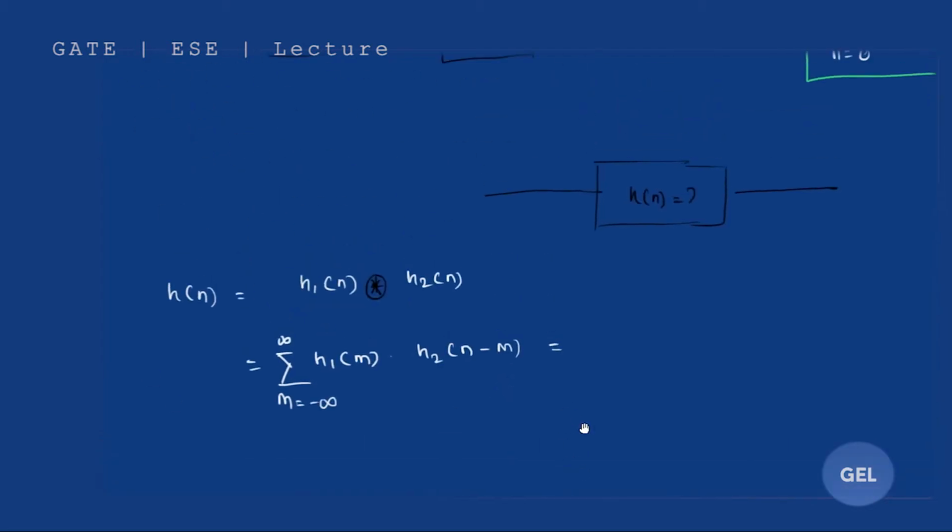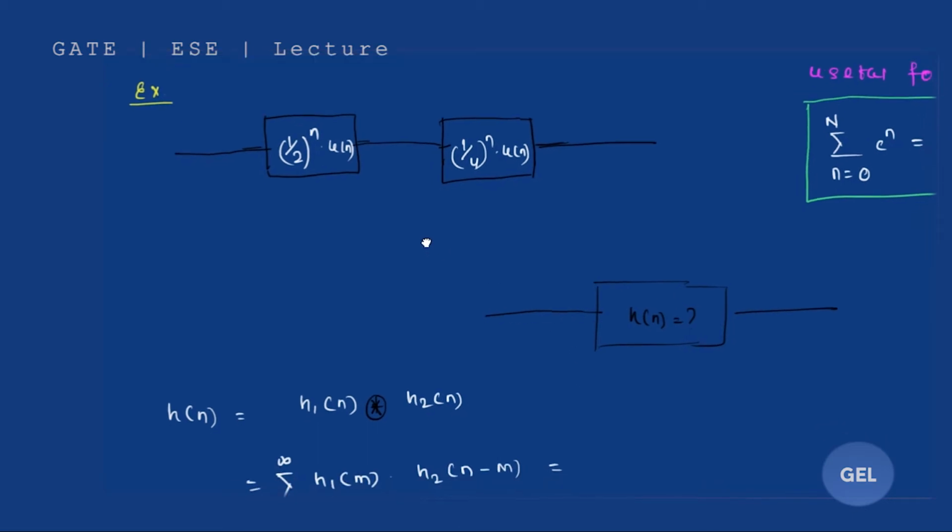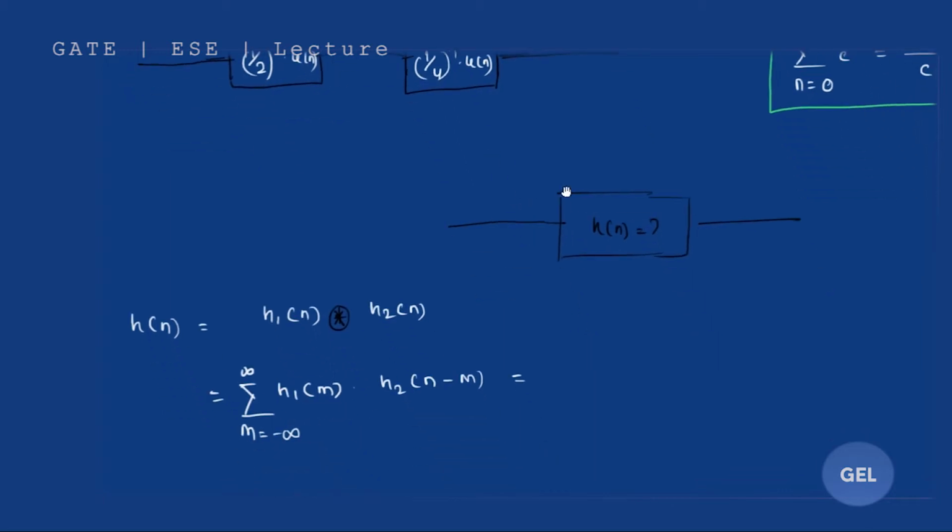Now let's solve a simple question here. It's given the impulse responses (1/2)^n u[n] and (1/4)^n u[n]. These are the impulse responses of two different discrete time systems, and we want the equivalent.